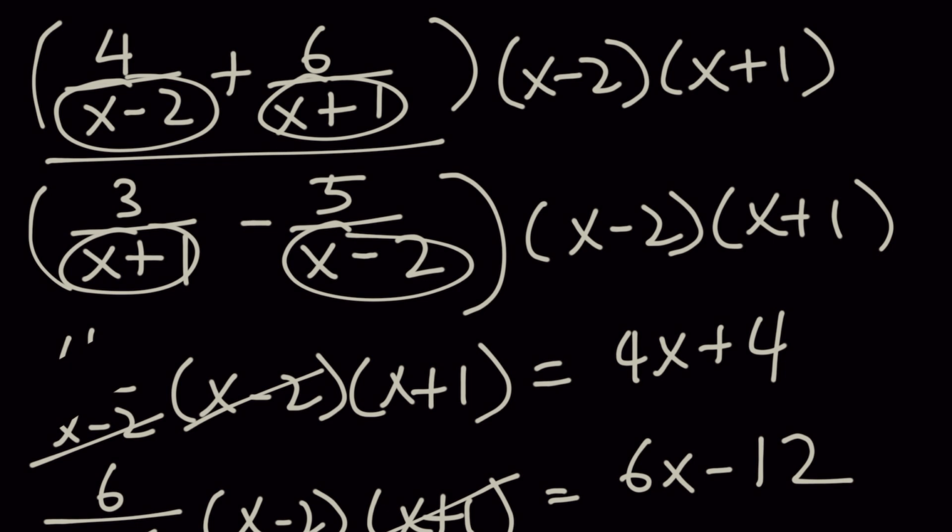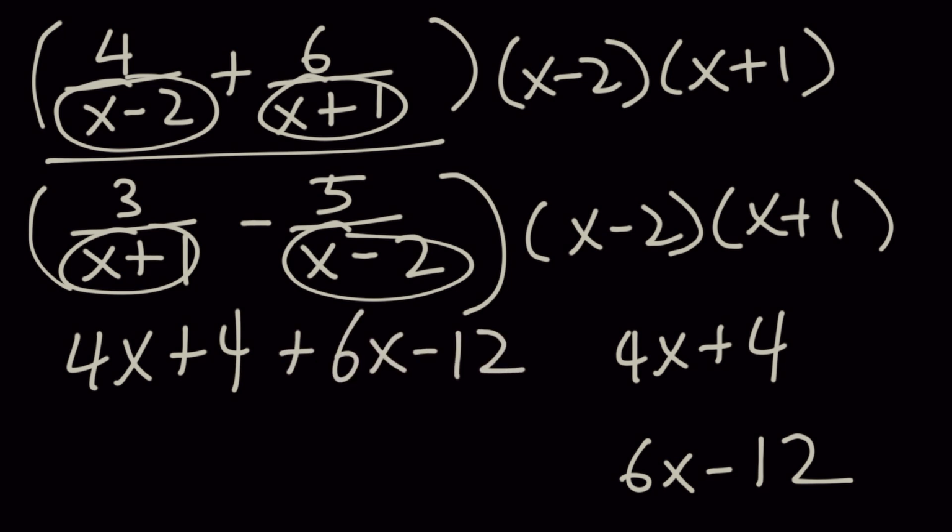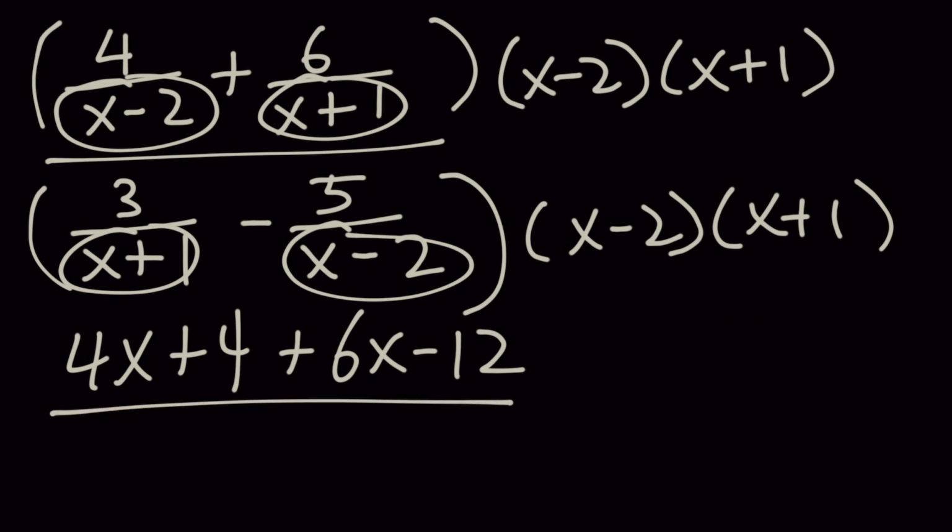Now we're going to erase this to make room. Now we're going to work on the denominator. So we have 3x plus 1, x minus 2, x plus 1.